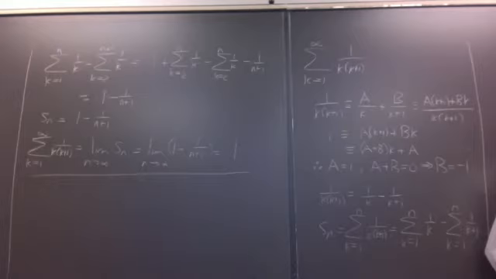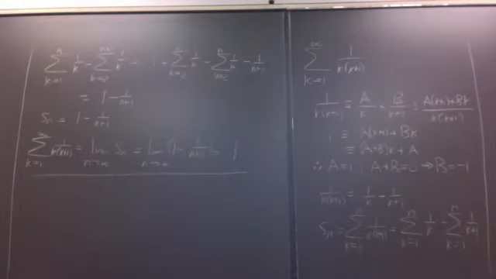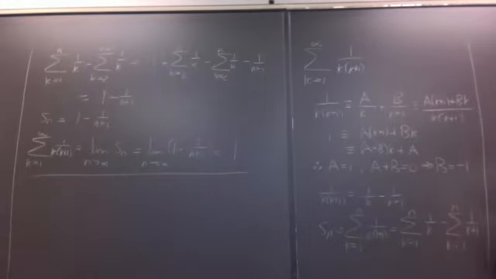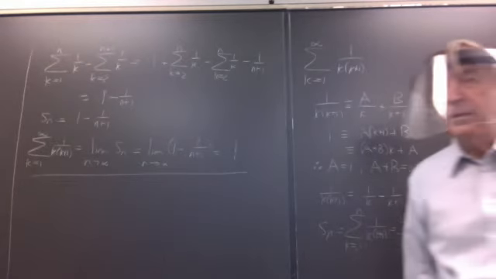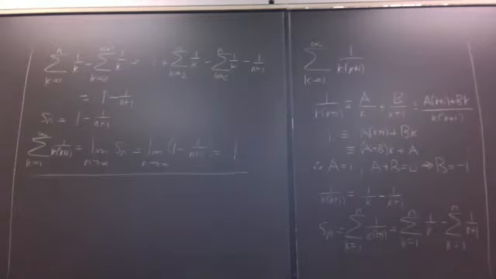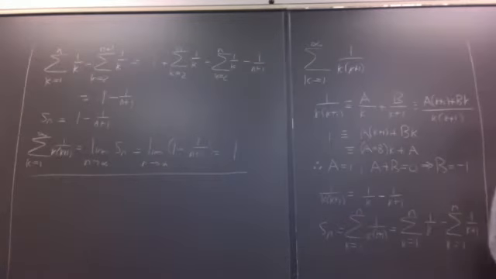We had a letter A and a letter R. The letter R was the thing that had the power attached to it, and that's called the common ratio. If the common ratio in absolute value is less than 1, then the series converges. So geometric series are ones for which we can determine the limit of the sequence of partial sums.